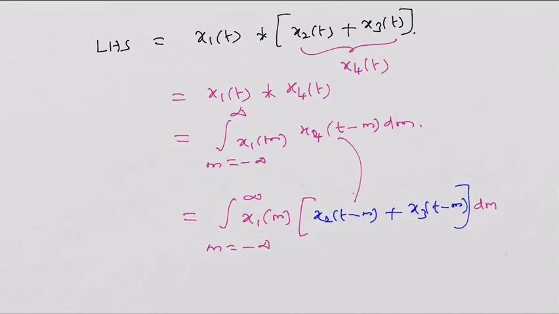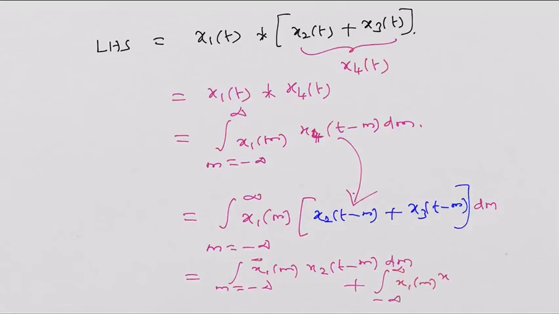You can notice that x4 of t minus m is replaced by x2 of t minus m plus x3 of t minus m. Now you can expand this. Because of this expansion, you will notice that the integral over m from minus infinity to plus infinity of x1 of m into x2 of t minus m dm is one integration. The next one will be simply the integral over m from minus infinity to plus infinity of x1 of m multiplied by x3 of t minus m dm.